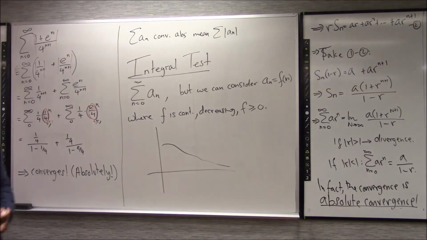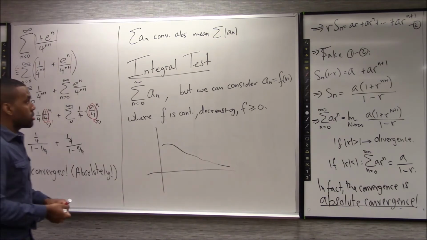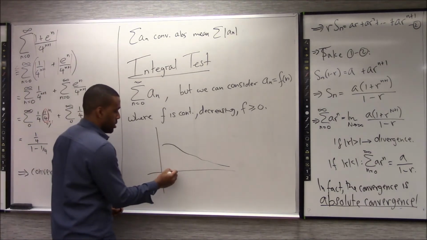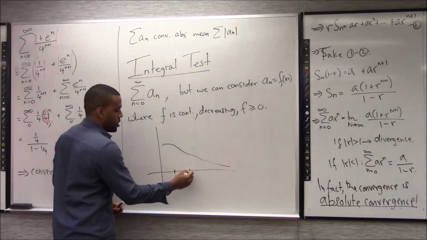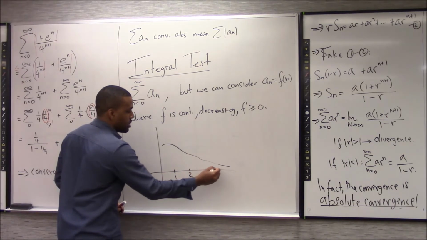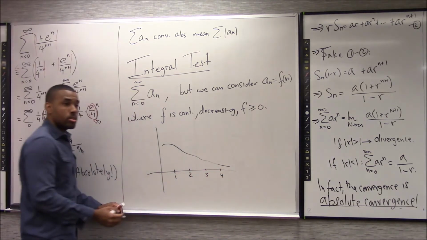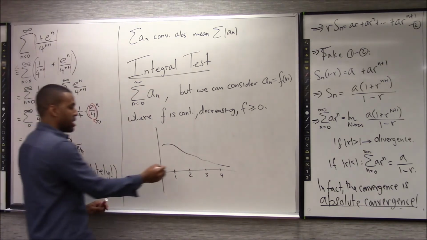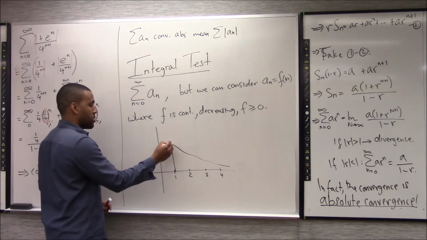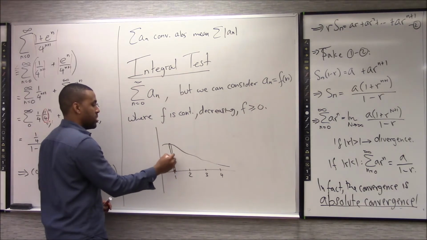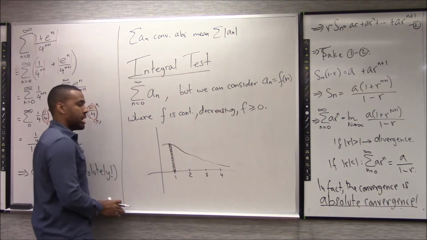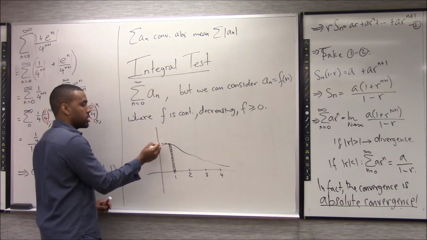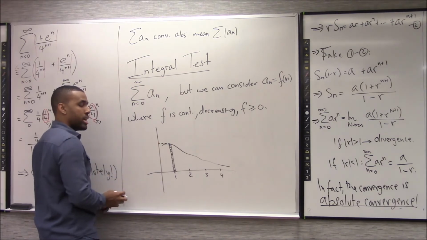So here's the idea. When you're doing a series, you only care about the integer values, right? So it's like you're just adding up this number. You can imagine a rectangle erected that has width 1, and so adding that number is like finding the area of that rectangle.